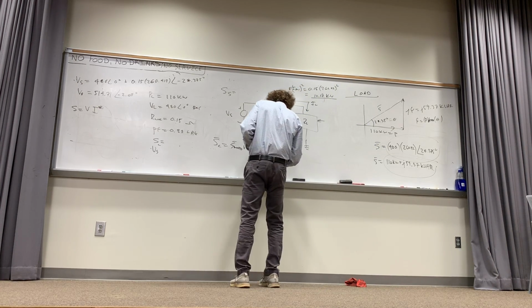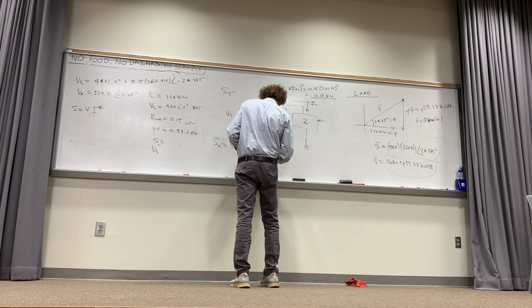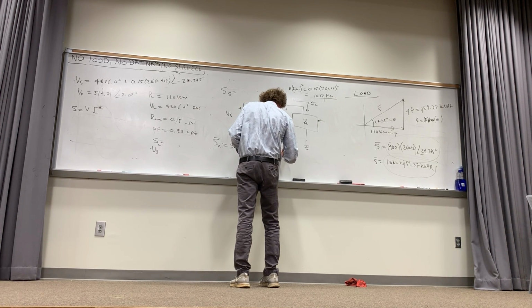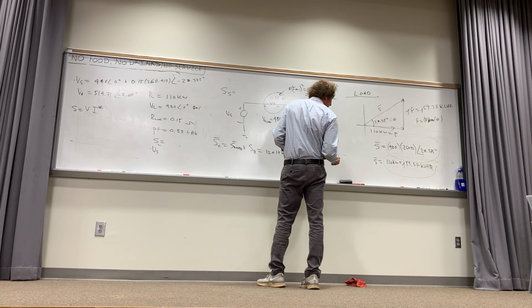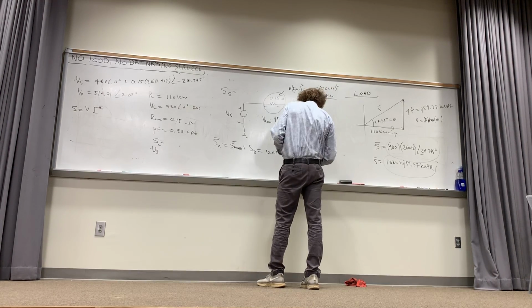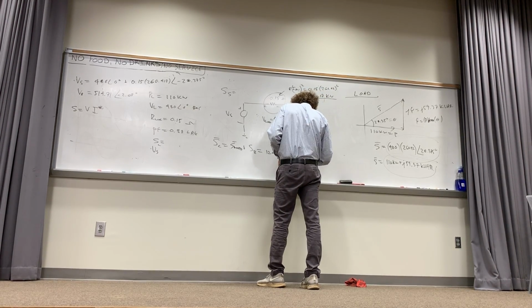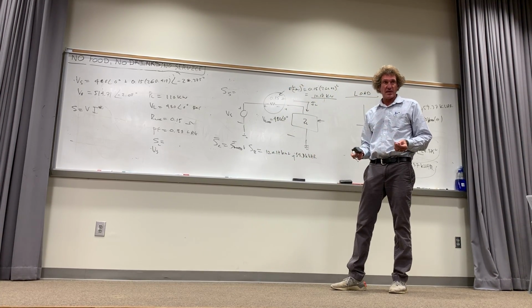So it's going to be 120.17 kW plus j, and it's still just j59.37. Follow me on this? I just added the real power to the real power, if it's rectangular.